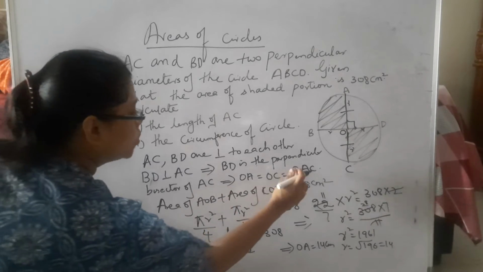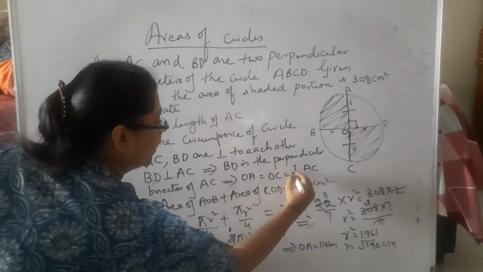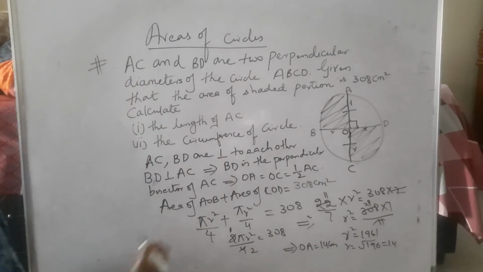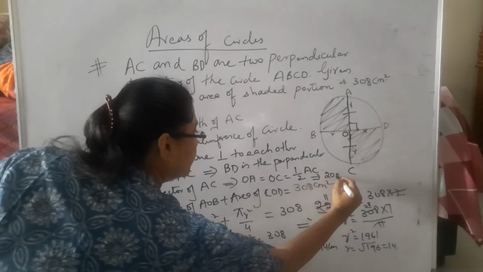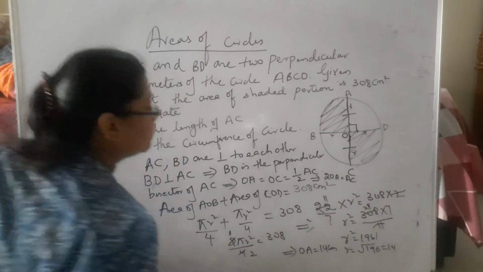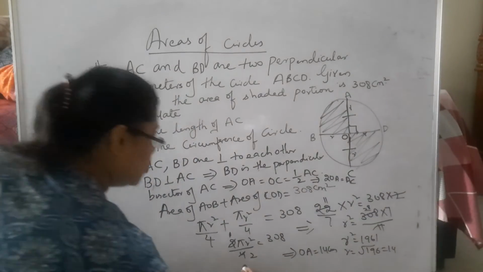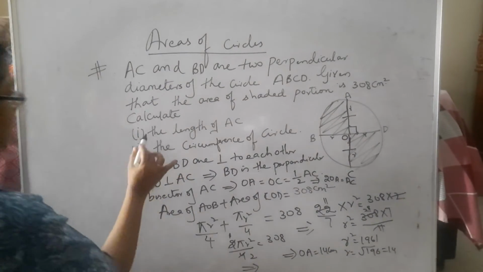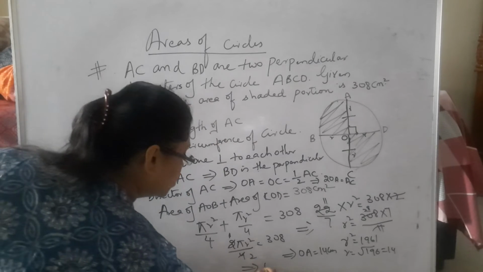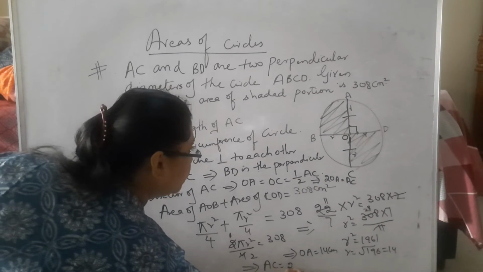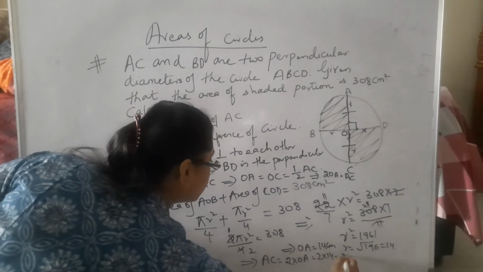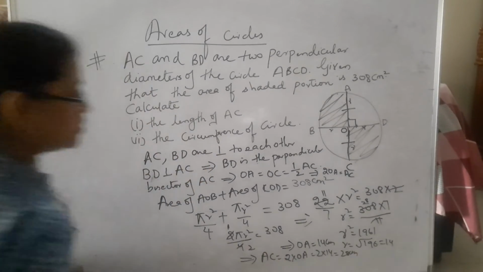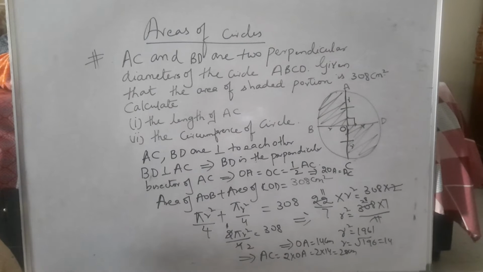OA is equal to OC is equal to half AC. I wrote twice. That implies twice OA is equal to AC, isn't it? He is asking the length of AC. So AC is 2 times OA, which is 2 into 14, which is 28 centimeters. Is it clear guys?